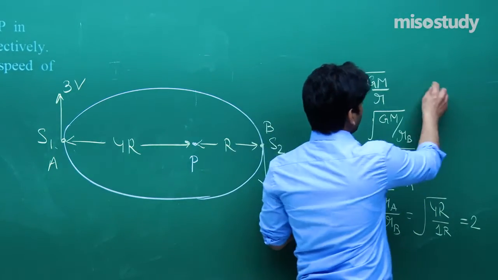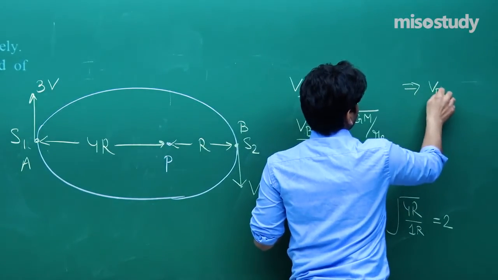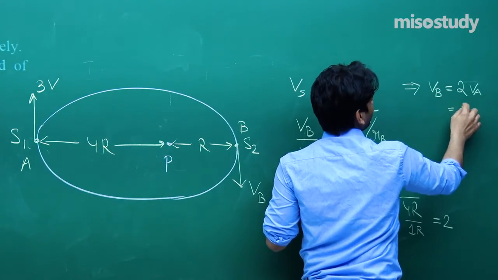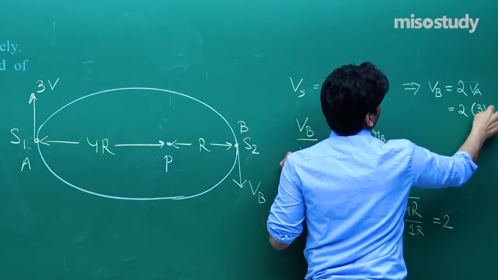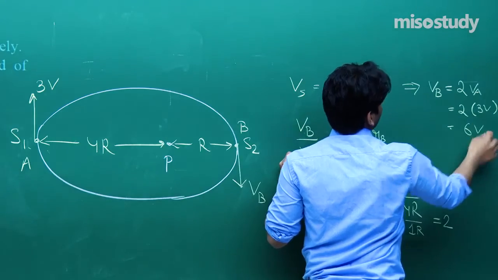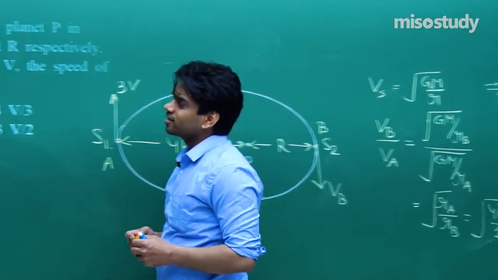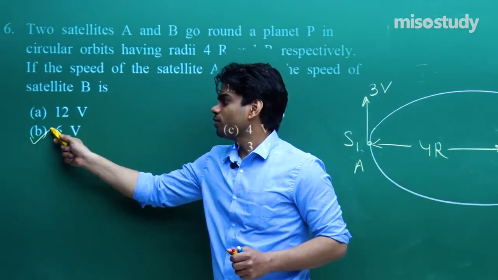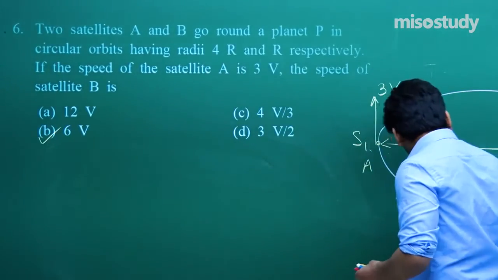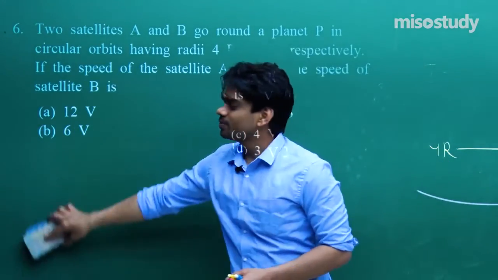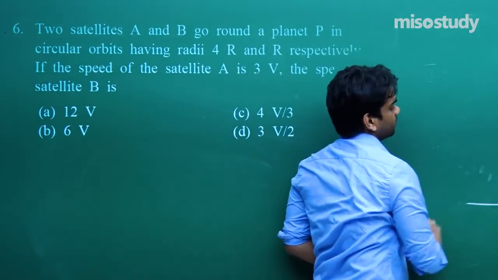So VB will come out to be 2 into VA, and VA is given as 3V. So 2 into 3V, so 6V is the speed. So let's see here, 6V is the speed. This is what we have obtained. So I believe that with this question you would have revised the velocity of satellite part.